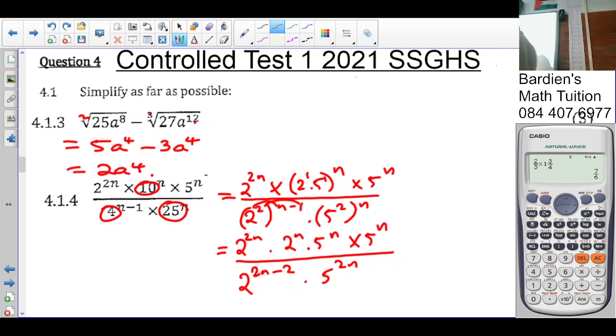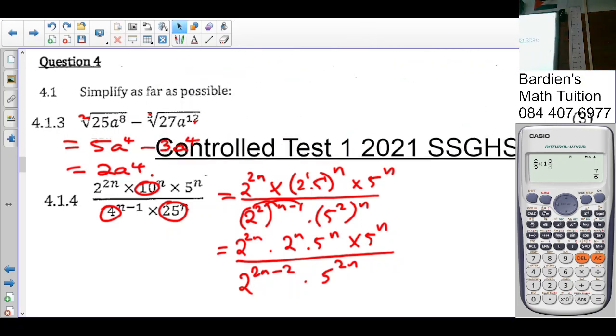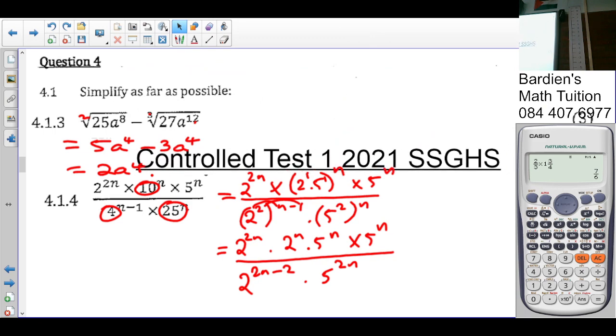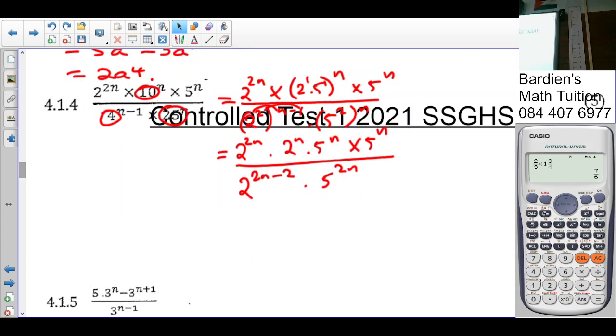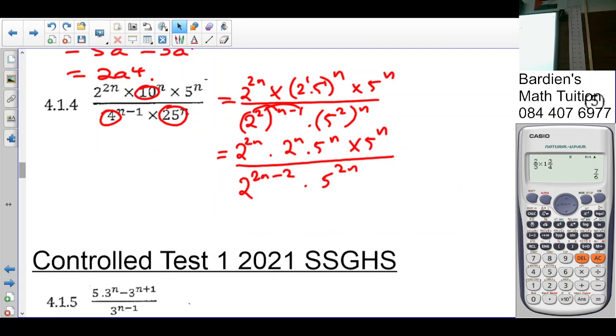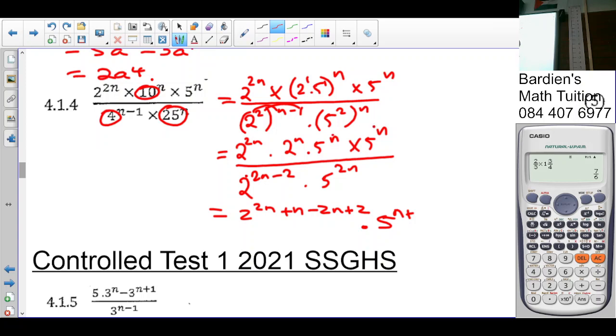Okay. So what do we do now? When we multiply and bases are the same, what do you do with the exponents? Add them. Okay. That will simply be 2 to the 2n plus n minus 2n plus 2. You all agree with that? Times 5 to the n plus n minus 2.